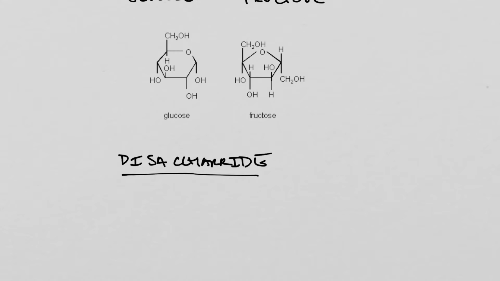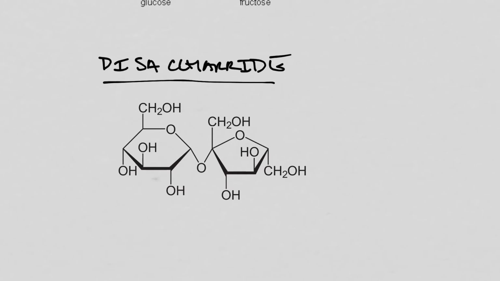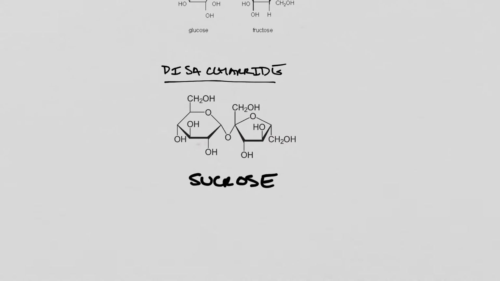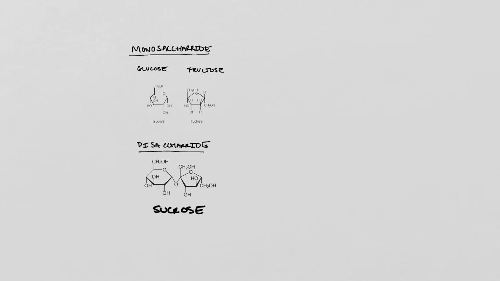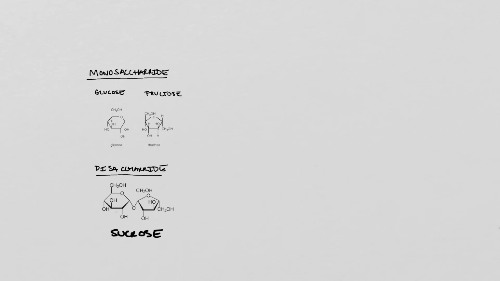I'm going to throw up a picture of that as well. So this is an example of sucrose. You can see in here, here's the glucose and here's the fructose, and they make common table sugar, sucrose. There's one more variety of carbohydrate that you should know, and that is polysaccharide.